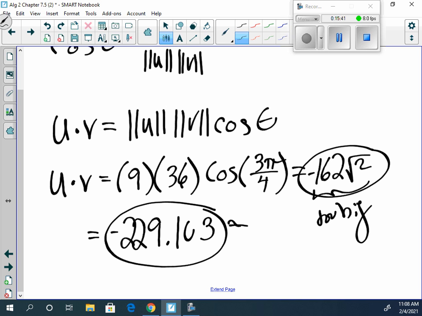The absolute value of a complex number is equal to the distance formula. Yep, the absolute value of a complex number is equal to the square root of a squared plus b squared.